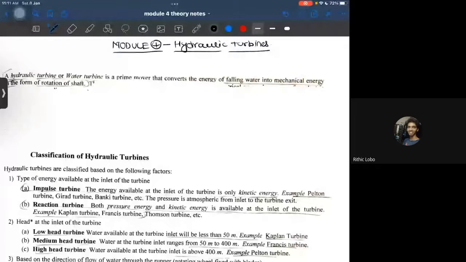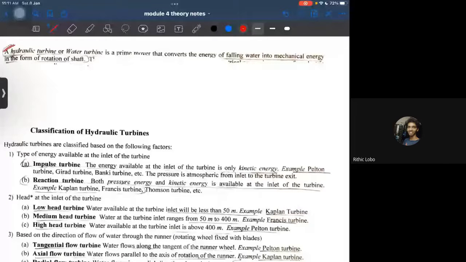By definition, a hydraulic turbine or a water turbine is a prime mover that converts the energy of falling water into mechanical energy in the form of a rotating shaft. So it is very simple to remember. Water energy is converted into shaft rotation, and this shaft is coupled to a generator by which you extract electrical energy.